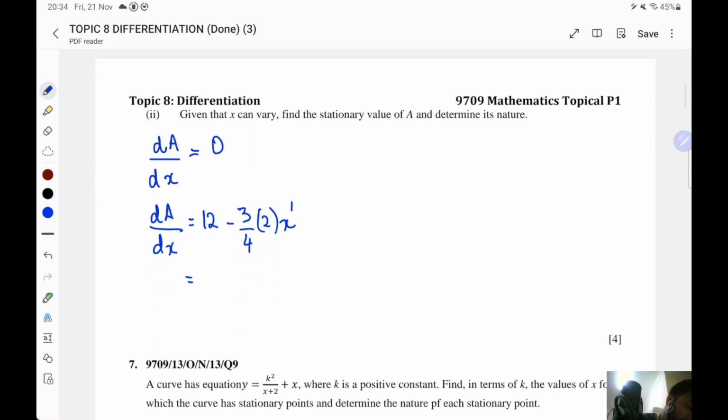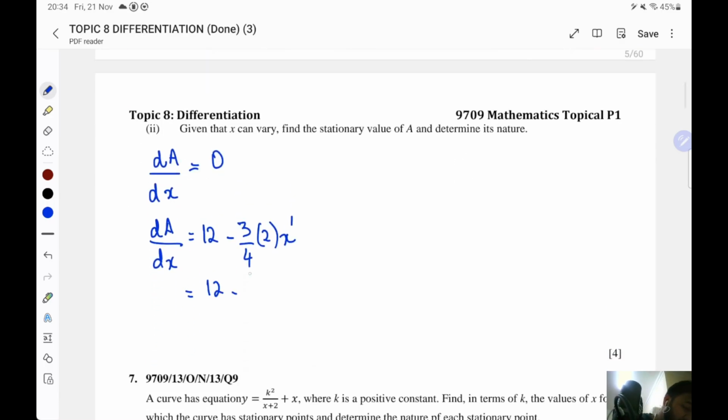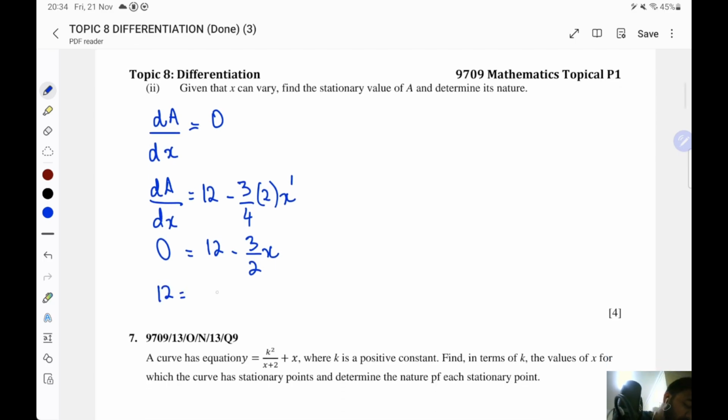If I simplify, this is going to be 12 minus 3 by 2 x. Now it has to be equal to 0 because we are finding the stationary value. So 12 equals 3 by 2 x, and if I simplify, x will be 24 divided by 3, which gives the value of x as 8.